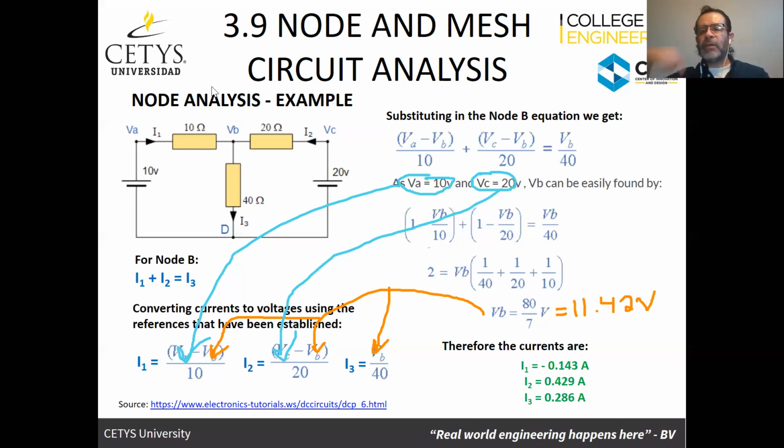which are the same values of the currents we found in the previous exercise, with one exception. Notice that in the previous exercise, this current was negative. Well, yes, because in the previous exercise, if you remember, I had established a loop that was clockwise. So in the previous exercise, I2 was going this way. For this analysis, I established it was going this way.